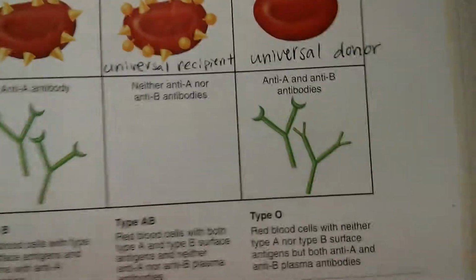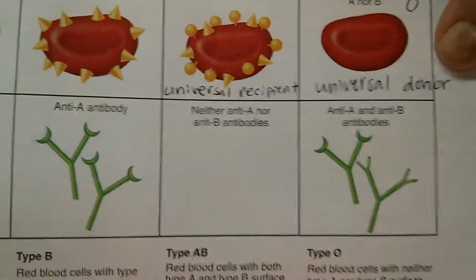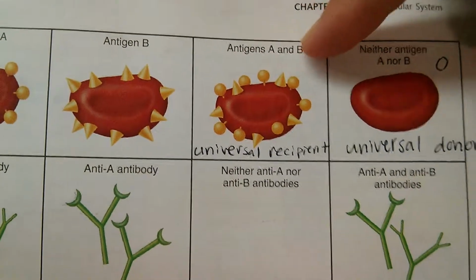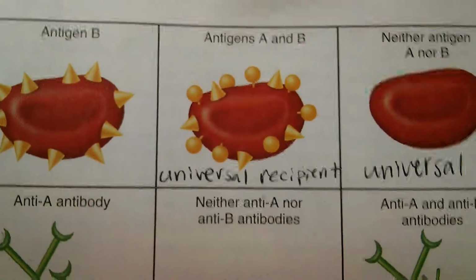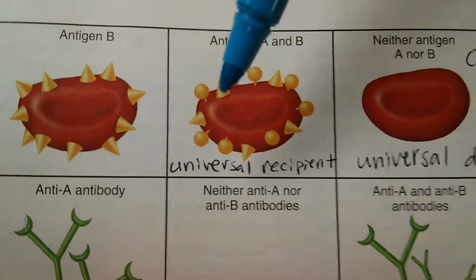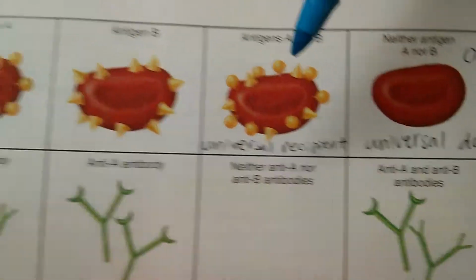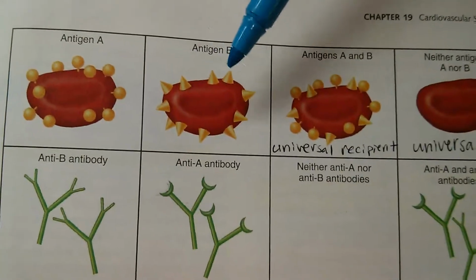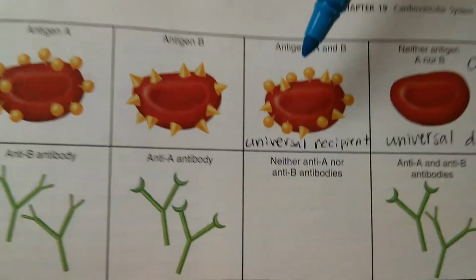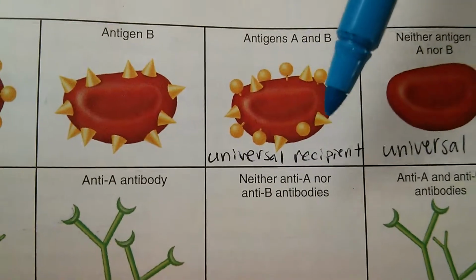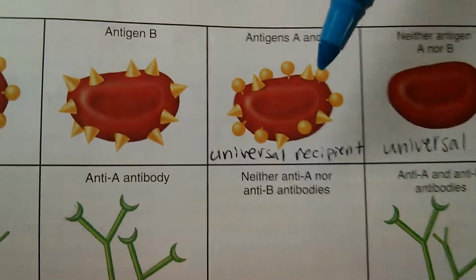Now, some exceptions are with an AB person, an AB blood type. This person has circle and triangle antigens on their red blood cells. So, if a type B person were to donate blood to them, their body would be like, okay, we're cool with triangles because we have triangles on our red blood cells, so I'm not going to attack them.